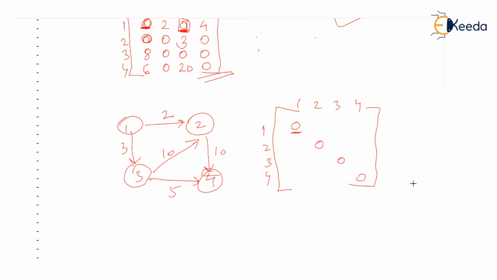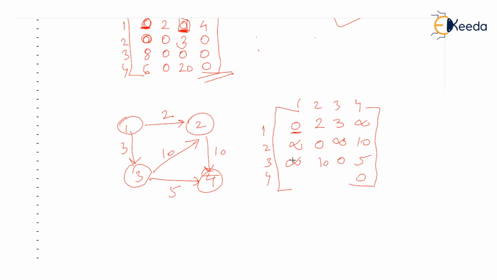But 1 to 2, as you see in the graph, is 2, 1 to 3 is 3, 1 to 4 should be infinity because there is no edge from 1 to 4. 2 to 1 is infinity again, 2 to 2 is 0, 2 to 3 is infinity, there is no edge from 2 to 3, and 2 to 4 is 10. 3 to 1 is infinity, 3 to 2 is 10, 3 to 3 is 0, diagonal element, and 3 to 4 is 5.